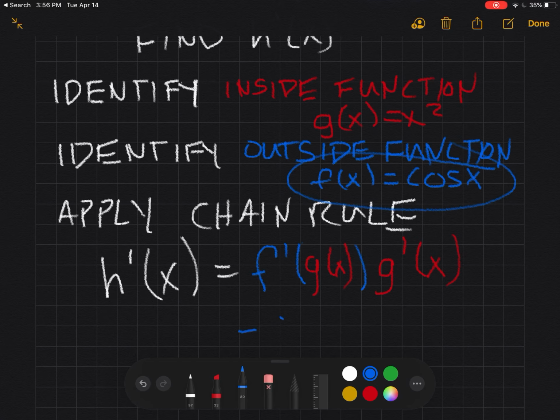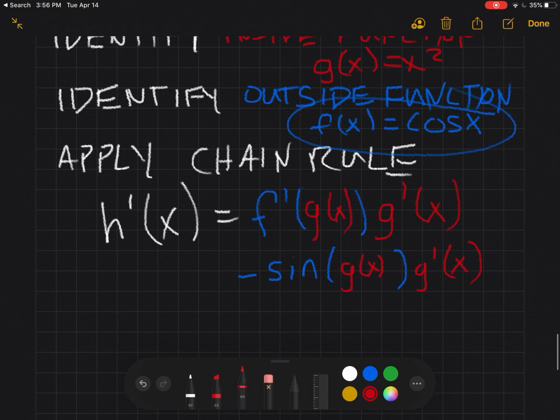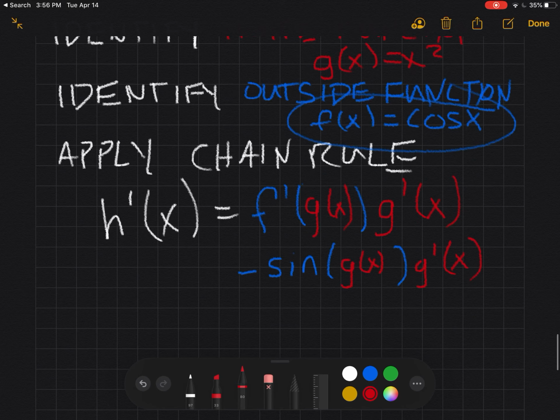So I know, hopefully, by now, I have written in my heart that the derivative of cosine is negative sine x. So that's what I'm going to have, negative sine g of x times g prime of x.